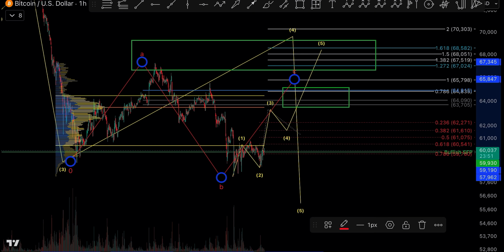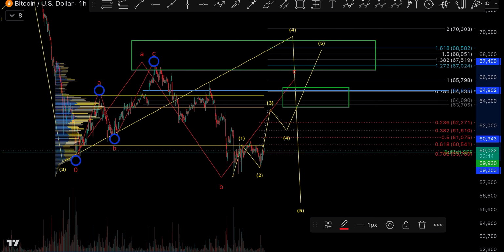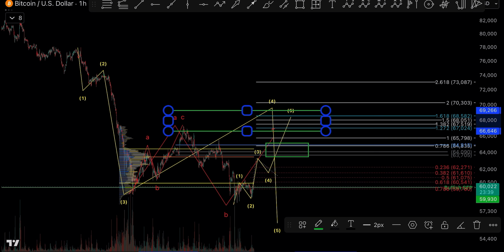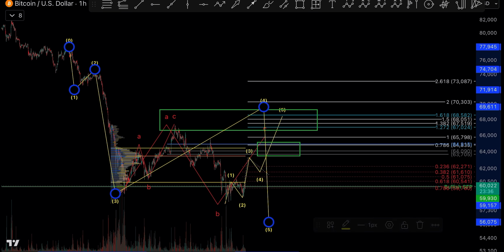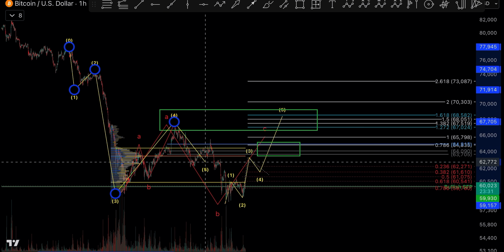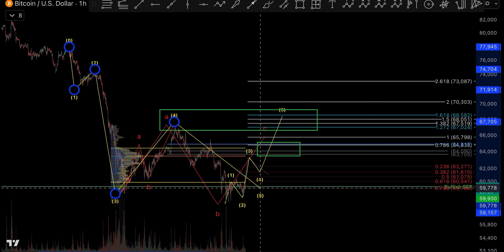As I said in my previous video, this could be another ABC from this bottom. And this could already be finished as a fourth wave. And the fourth wave I'm mentioning is this fourth wave. One second, this fourth wave here finished and we are moving towards the downside. This could be just a 1-2-1-2 correction again, okay, 1-2-1-2 structure, and then we are moving down.